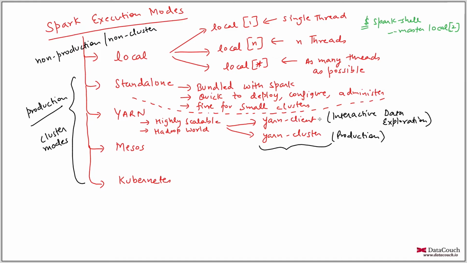So what is the main difference between yarn client and yarn cluster? You will find yarn client mode is having driver running on the same machine where you submitted the job, on the client machine from where you submitted the Spark job, or whatever jobs you submitted.